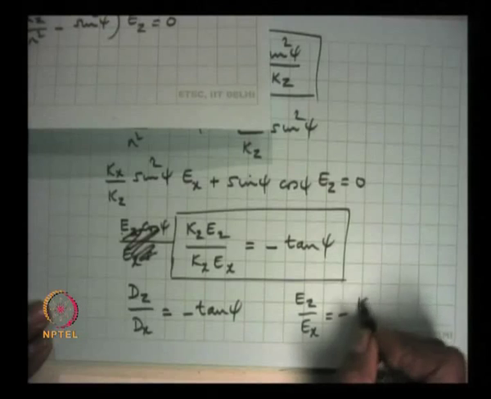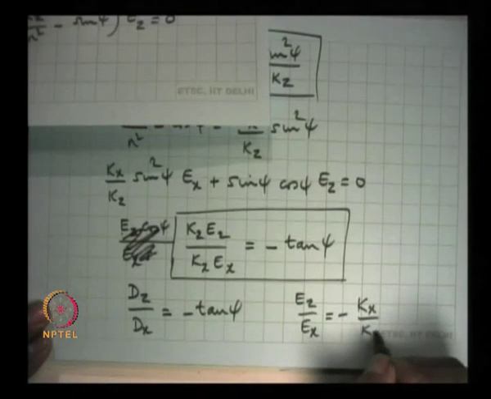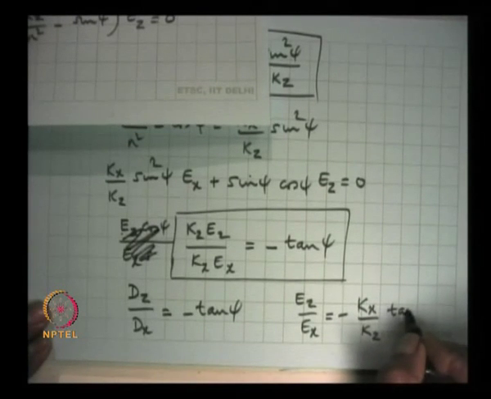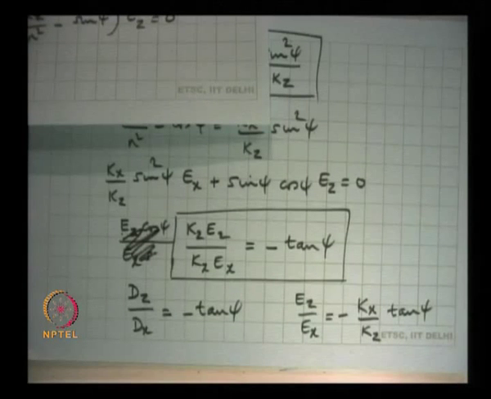So, this is the D vector of this propagation direction, but also note that this equation tells me that Ez by Ex is equal to minus kx by kz tan psi. Now, if kx is not equal to kz, the electric vector z component by x component is not equal to minus tan psi. So, the electric vector points in a different direction than the D vector.